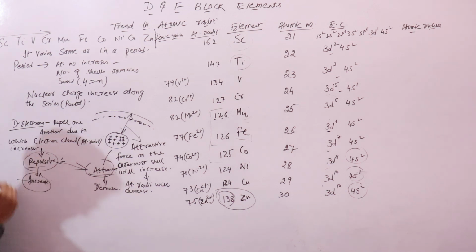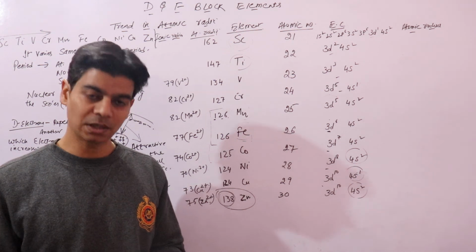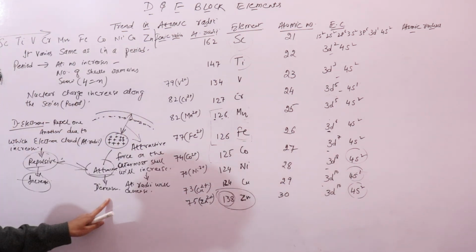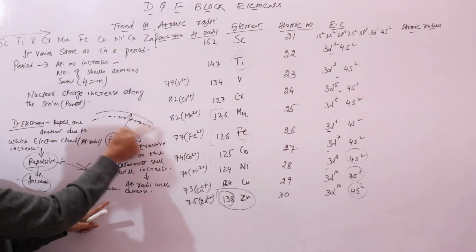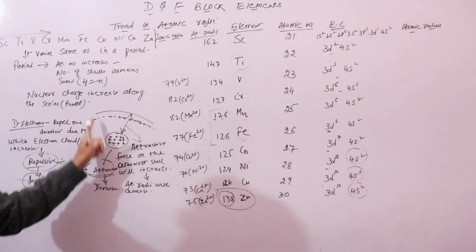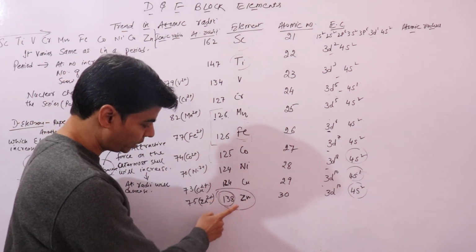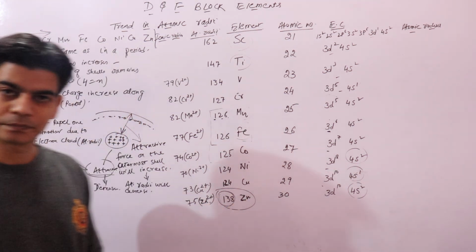This increasing repulsive force between these d electrons has become greater than the attractive force due to the nuclear charge between your nucleus and the outermost electrons, right? So when the repulsive force becomes greater than the attractive force, your atomic radii will show an increase, right?